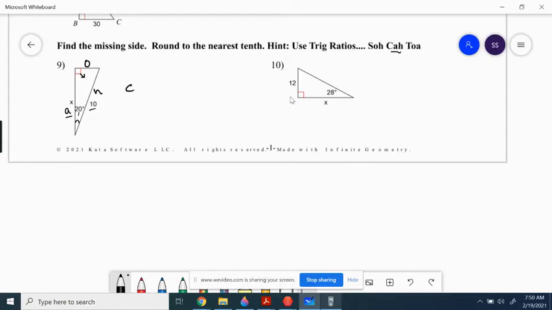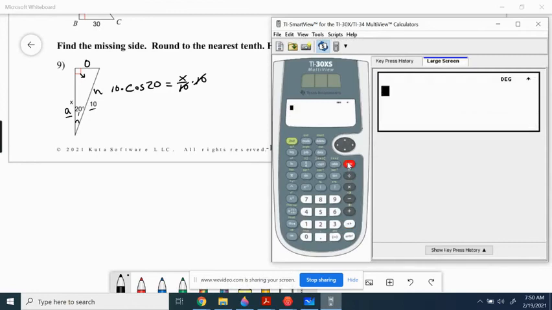So we're going to set this up as the cosine of 20 is equal to a over h, so x over 10. And when the number is in the denominator, we can simply multiply it out. You do it to one side, you got to do it to the other side. So let's find what 10 times the cosine of 20 is.